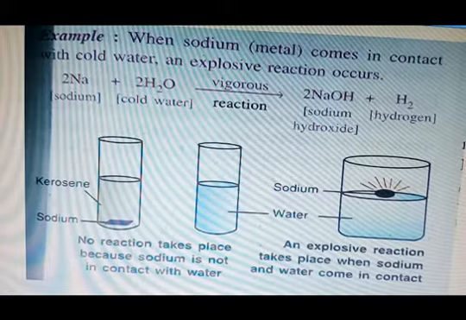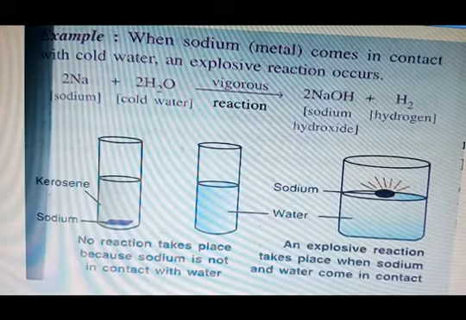But in another case, if you take out sodium from this kerosene oil and put it in the vessel containing water, then an explosive reaction occurs. That means the reaction with huge sound, explosion, takes place.